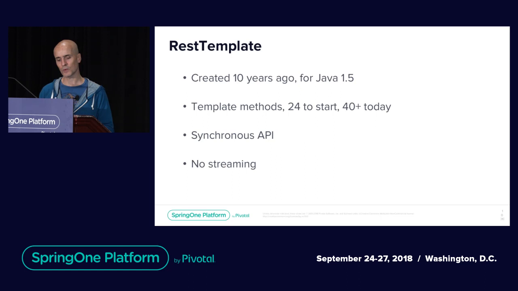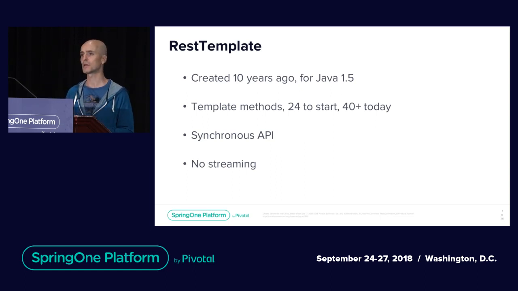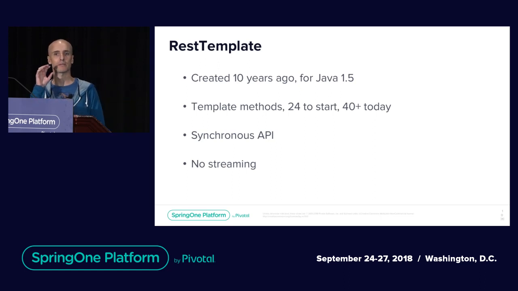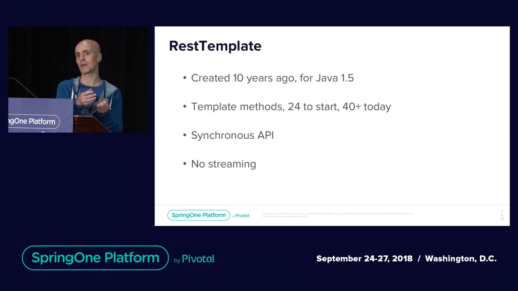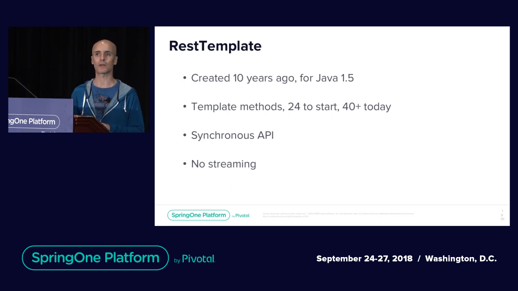Of course, it was designed and built as a synchronous blocking API from the start, which was okay 10 years ago because the idea was that you use the RestTemplate in a client. And in a client, if you make these kinds of calls, it's not a problem to block because we're talking about a single thread anyway.